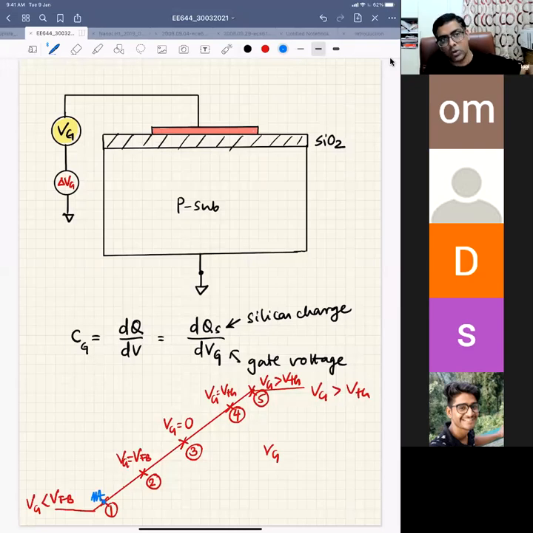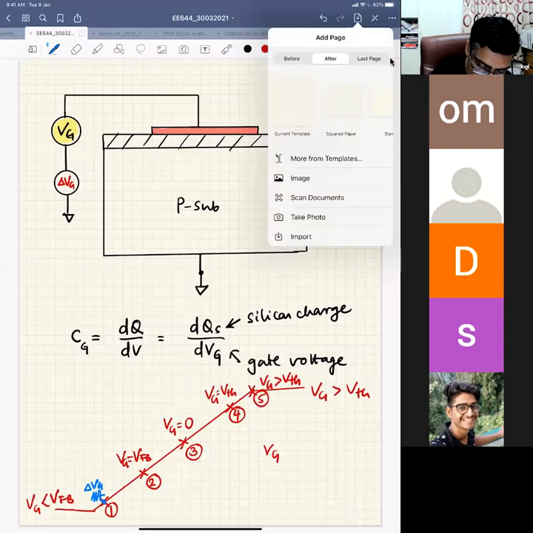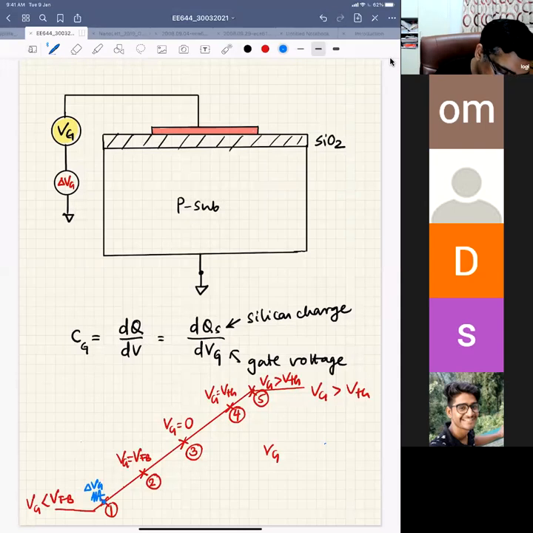So I'll go to each and every point. Let's say I'll go to point 1 and perturb the gate voltage, and find how the charge changes. If I give a perturbation here, delta Vg, there will also be a perturbation in the charge. So let's say I am operating at point 1.